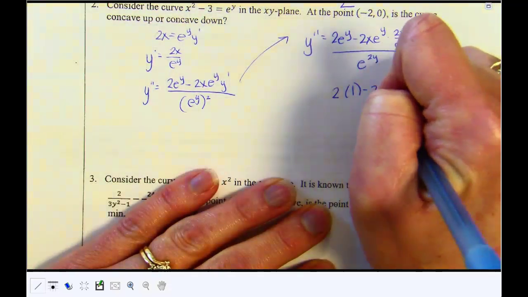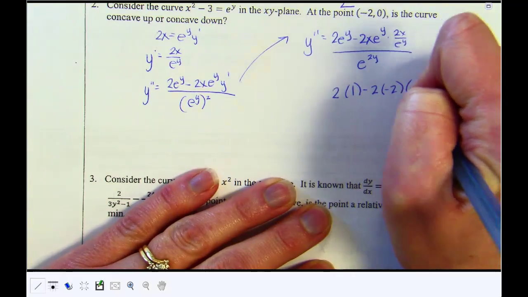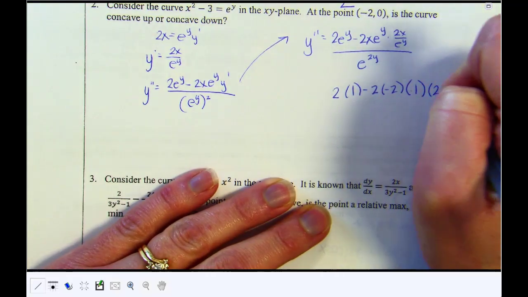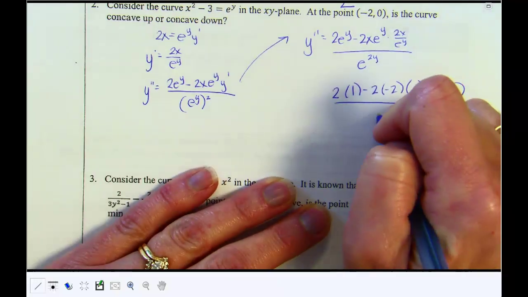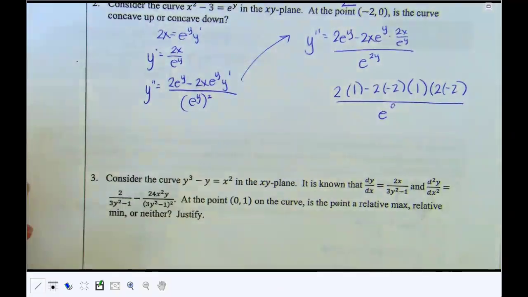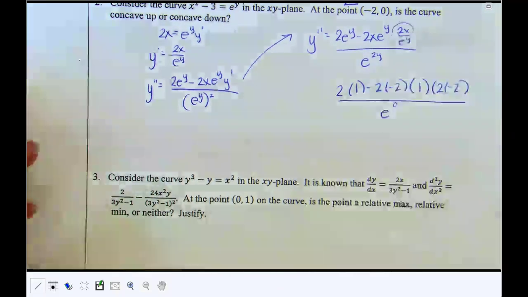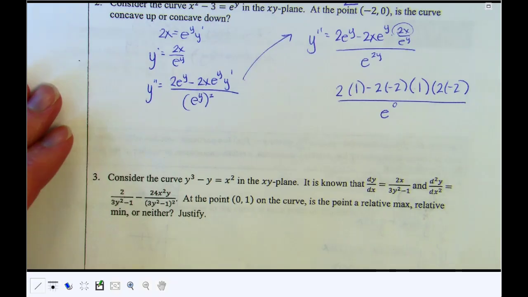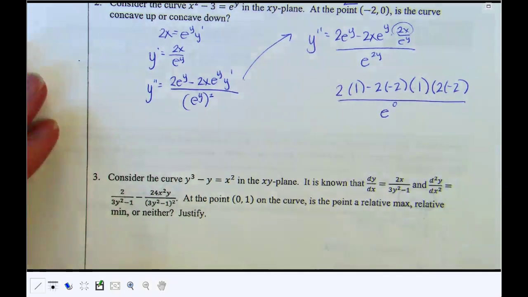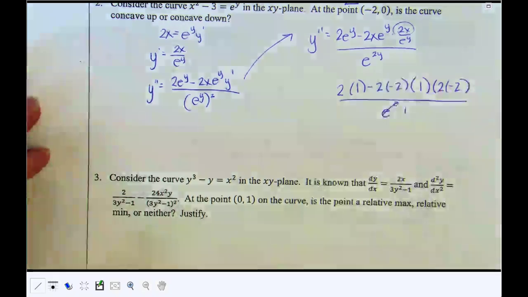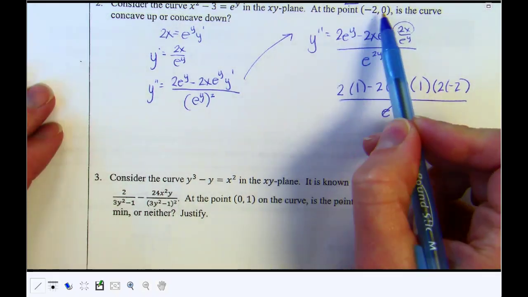That's 2 times negative 2 times 1 times 2, negative 2. Why are there 2 negative signs there? 2 times negative 2, because x is negative 2? You're plugging in x is negative 2 and y is 0.